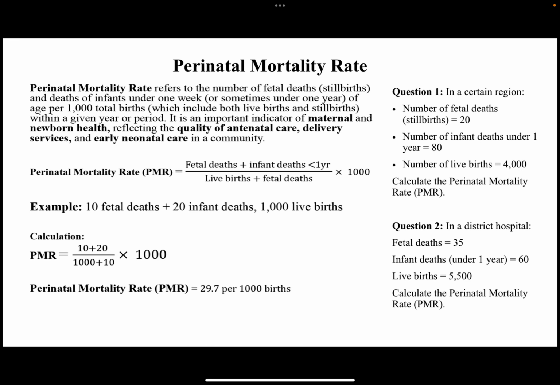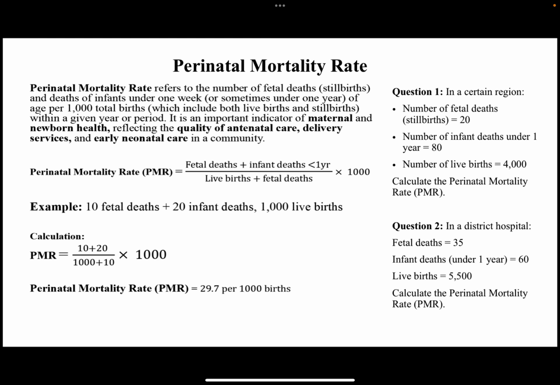So you are going to get 5,535. So you are going to get 95 divided by 5,535. Then you multiply by 1,000. So you are going to get 17.16 or 17.2. Okay, and that means 17.2 per 1,000 live births.